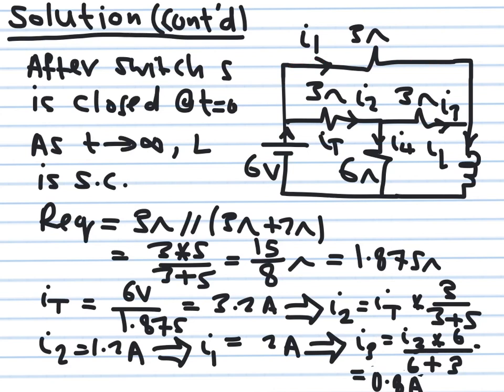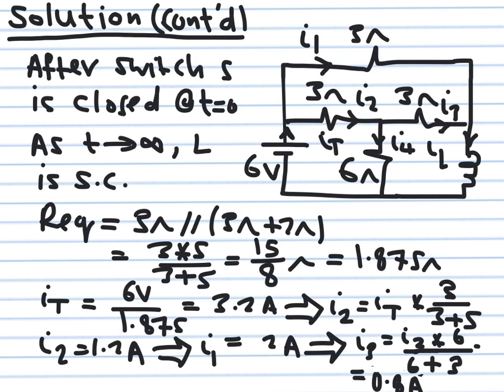Now we have to split I2 again, because the current I'm looking for is I3 plus I1. This current I2 will be split between these two resistances. I can get I3 equal to 6 over 6 plus 3 multiplying I2.